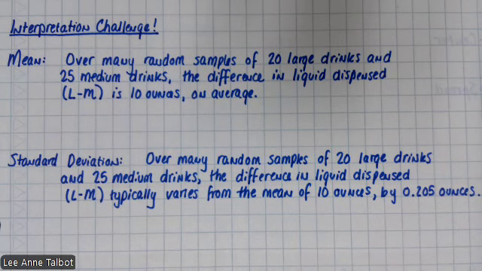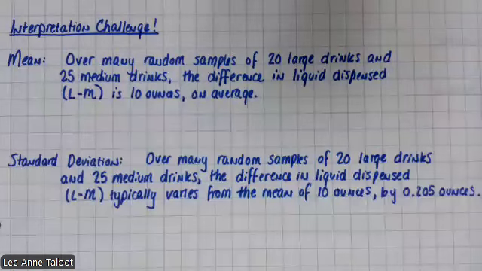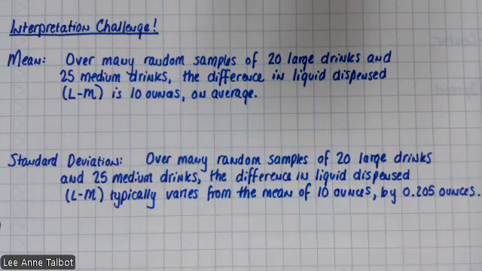All right, sounds like most of you are done except for the group that did nothing. So here's the answers. For the mean, over many random samples of 20 large and 25 medium drinks, the difference in liquid dispense, and this is where I'm gonna predict that you forgot to put the order of subtraction, large minus medium, is 10 ounces on average.